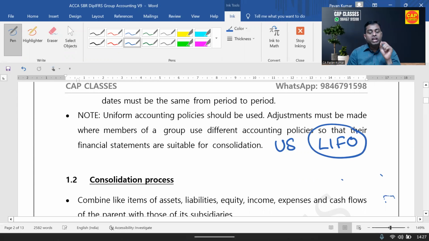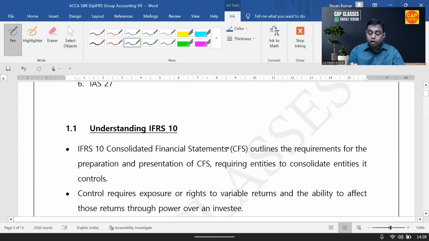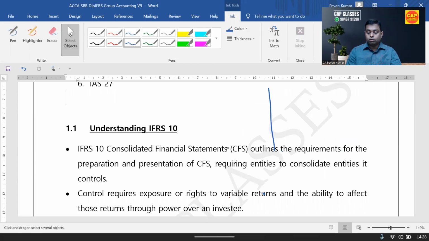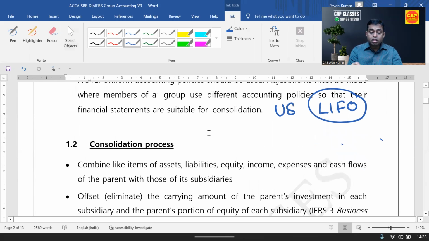But if you are doing any global course, which is basically ACCA based, or any domestic course in countries like India, you will never see inventory valuation based on LIFO because your accounting standard prohibits LIFO. In India, you need to follow, sorry, FIFO. You cannot follow LIFO. If it is India or UK, you'll follow FIFO or weighted average method.